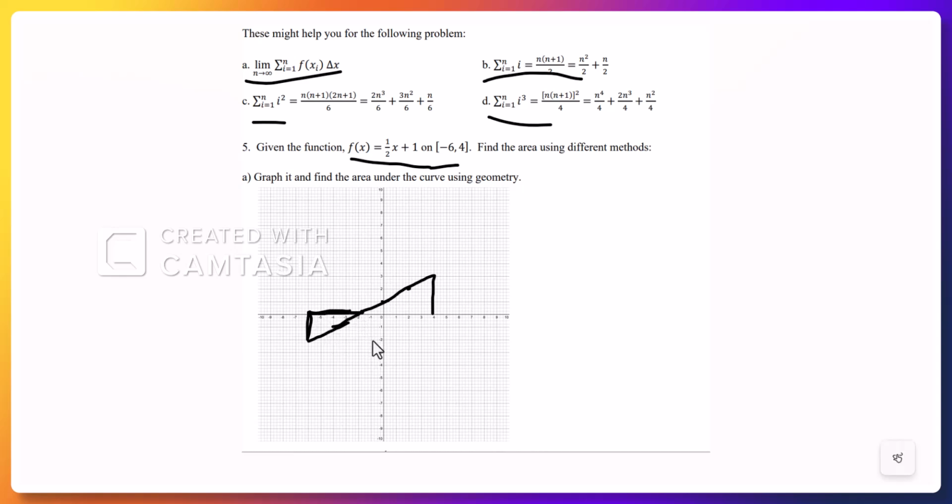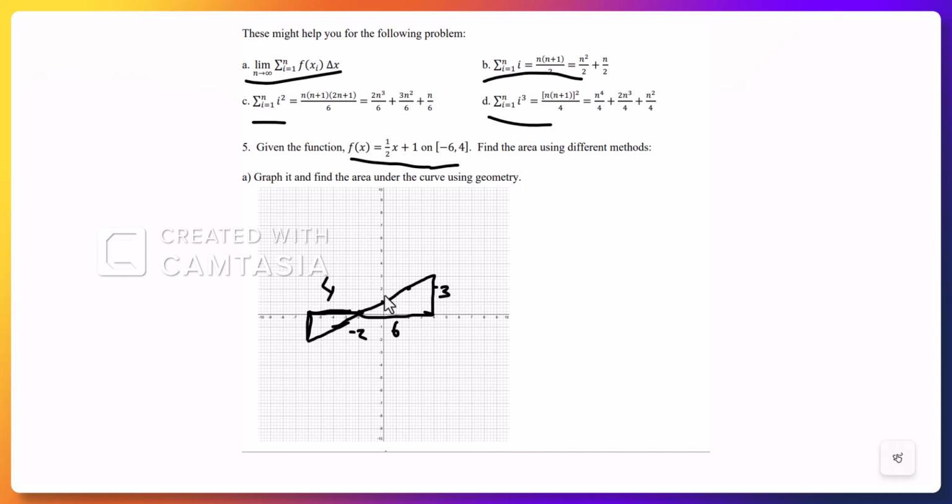So we know that from 0 it reaches a maximum of -2. And we know that the top goes from 1, 2, 3, 4. The right-hand side is going to be 1, 2, 3, 4, 5, 6 from the x, and it's going to be a maximum height of 3.